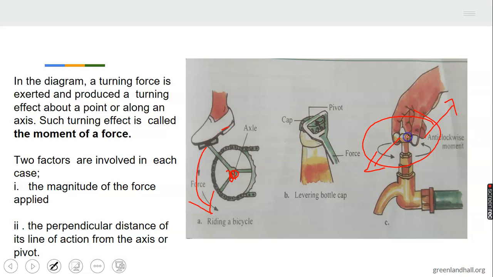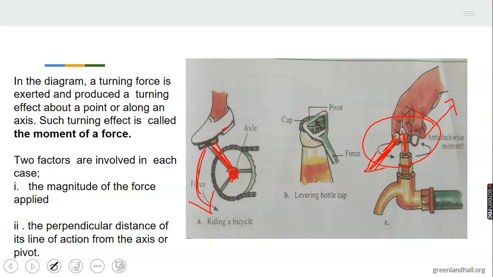But look at the distance from the force here, the distance from this middle point, which is the axis, to where you are applying force. Because we are applying force on both sides, we have turning effect. Look at the distance. This is the distance from where you are applying the force and the axis.